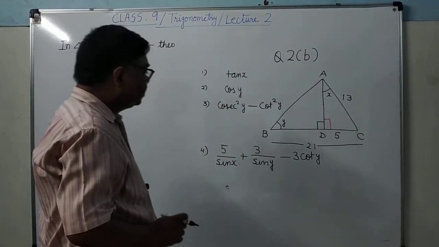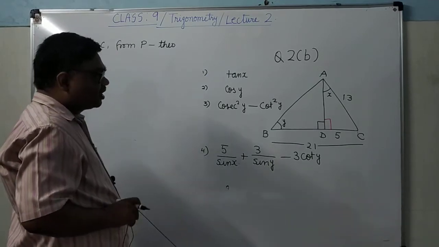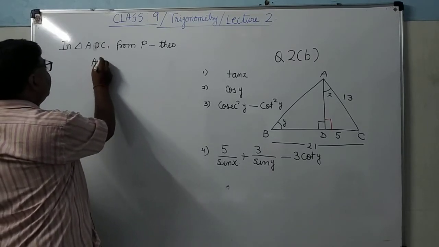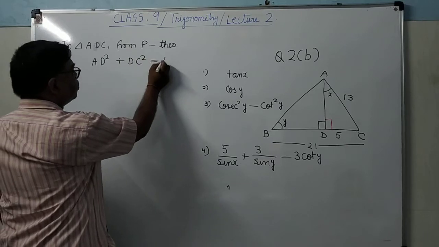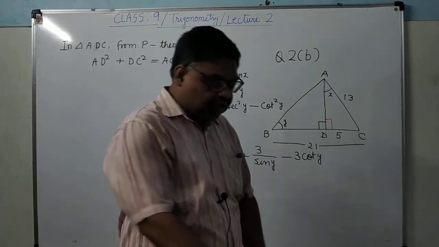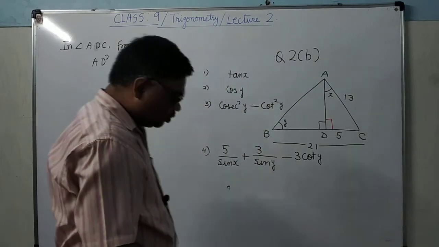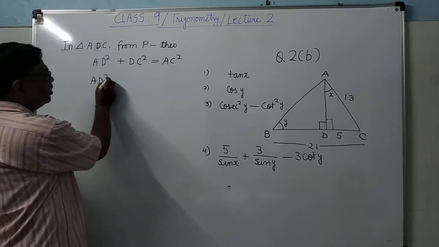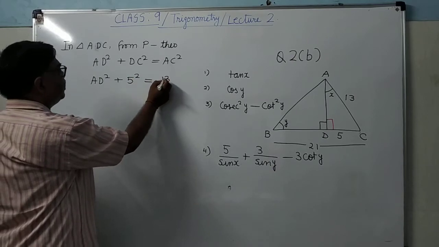So you can see here, the right angle is contained by AD and DC, meaning AD square plus DC square equals AC square. It's clear? Now you substitute the values here. AD square, DC square is 5 square, AC you can see 13 square.